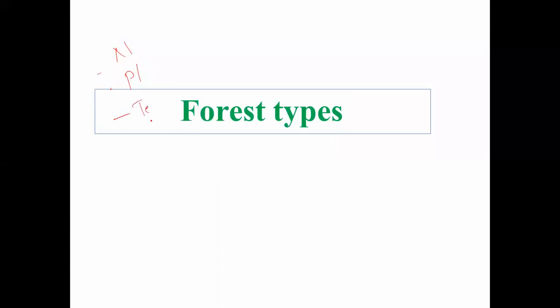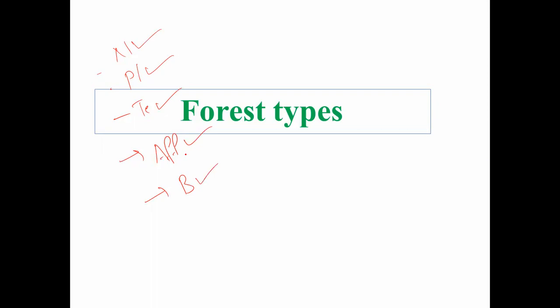We have also covered afforestation of adverse sites, and the portion related to basic forestry. These are all very important. If you read them one or two times, your conceptual clarity will be very high.